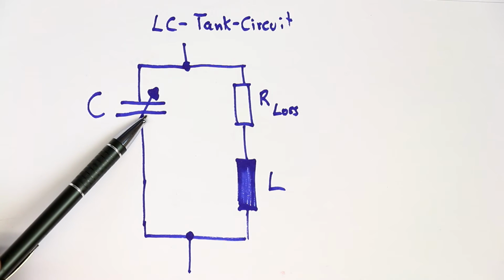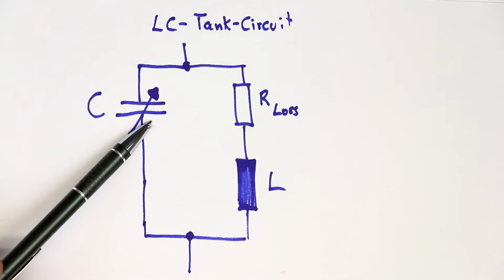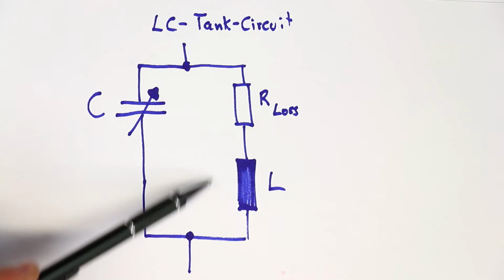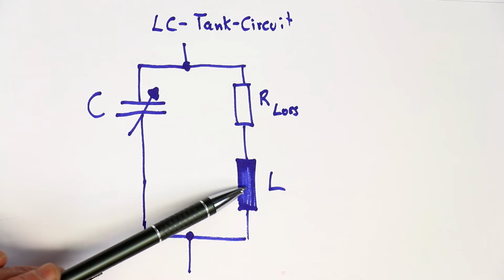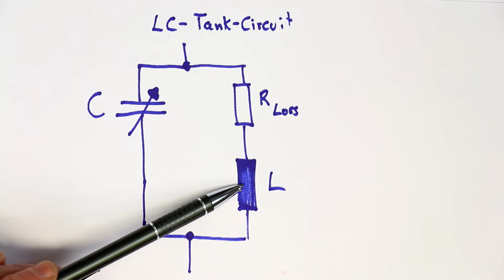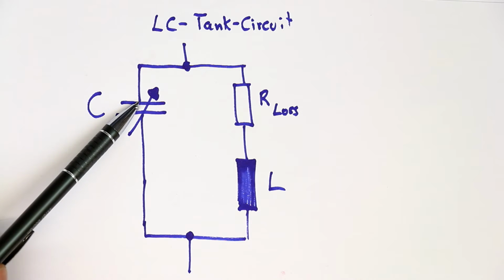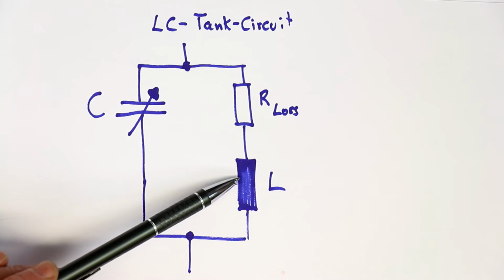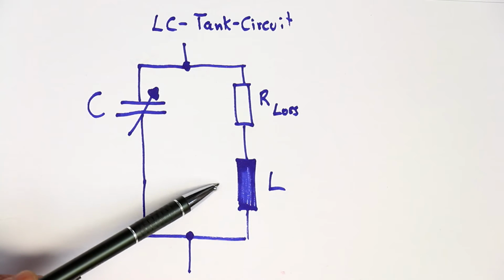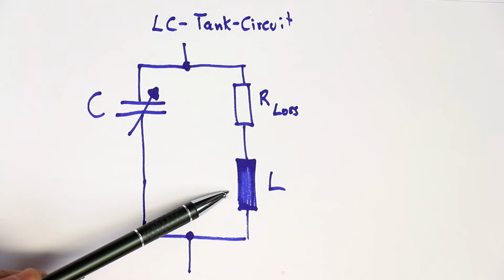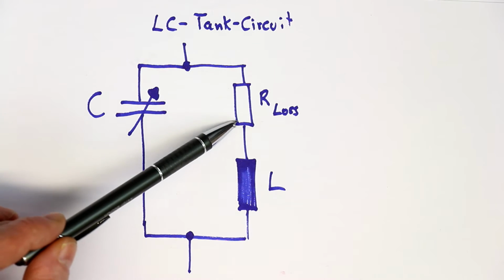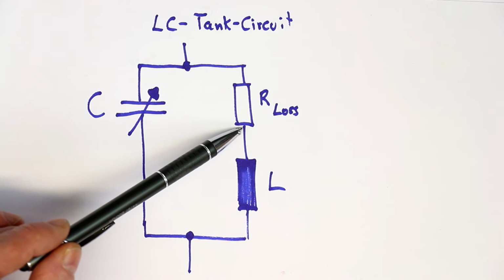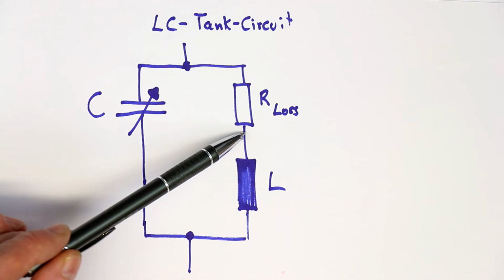The reason is because in 99% of all cases, the losses in the inductance, in the inductor here, designated as L, are much greater than in the capacitor. So we will concentrate on the losses in the inductor. And of course, what first comes into mind are the ohmic losses here, and we will measure that for one special reception coil just in a minute.